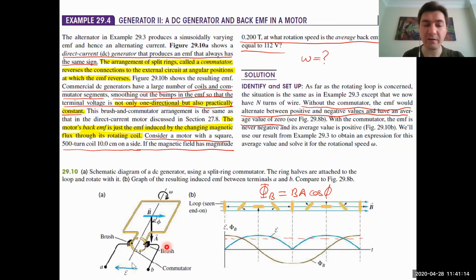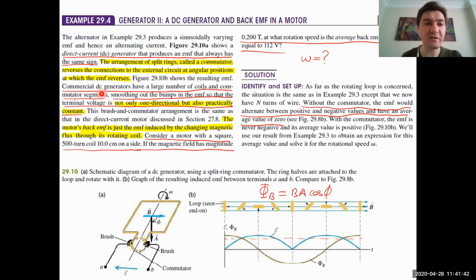So in order to keep the current always in the same direction, we have such a design. You can check the previous lecture notes. So with that design, with the help of the commutator here, we can always produce EMF in the same direction, okay?